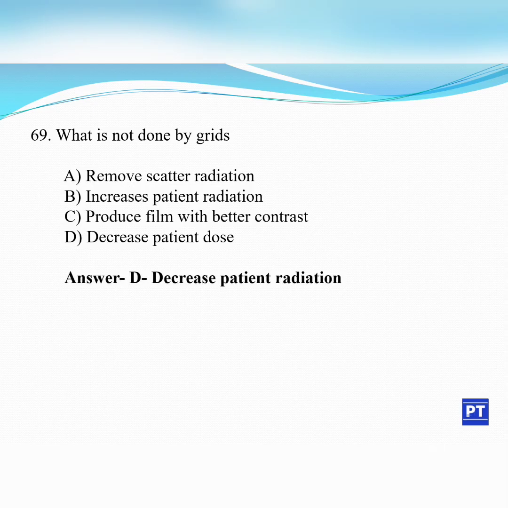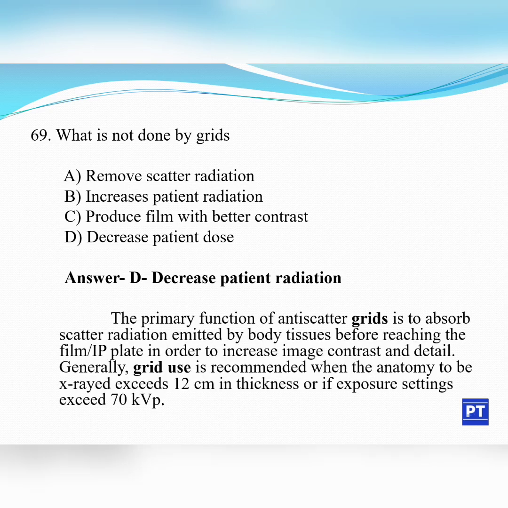Decrease patient radiation. The primary function of anti-scatter grids is to absorb scatter radiation emitted by body tissues before reaching the film or imaging plate in order to increase image contrast and detail.